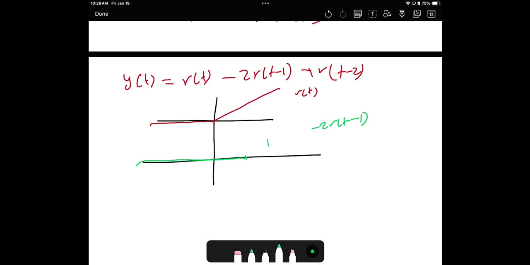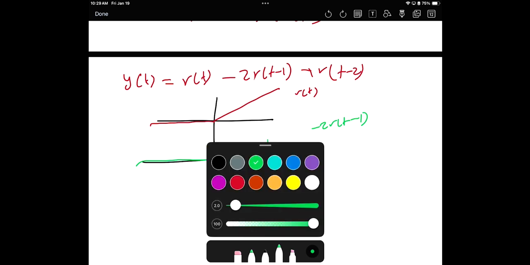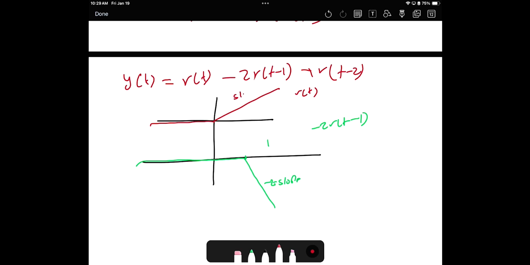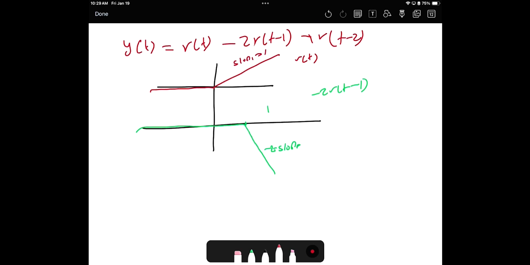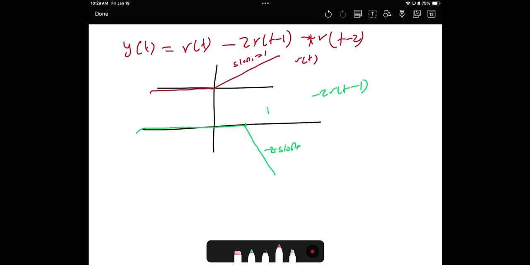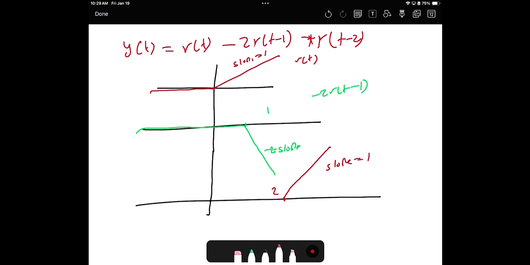Then it will go like this with slope negative 2, while that one is the slope plus 1. Then the last thing, which is plus R of t minus 2, which is at t equal 2, it will go up with slope equal 1.